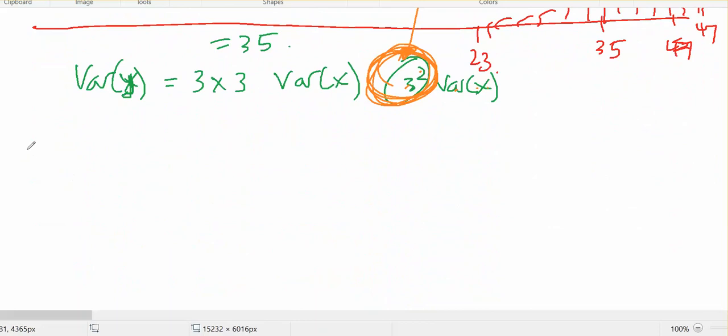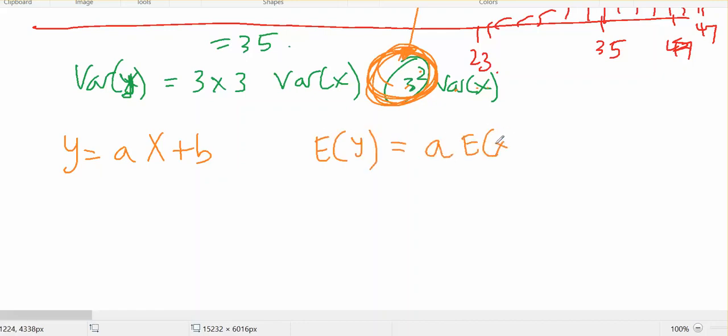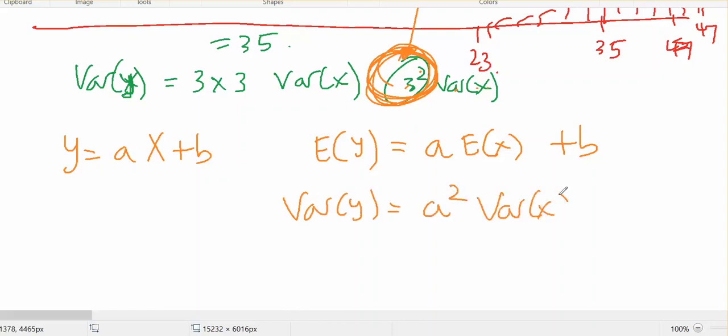So if y equals a times x plus b, then I'd expect the expectation of y to be a times the expectation of x plus the value b. The b is a translation, we just add it afterwards. The variance of y will be a squared times the variance of x.